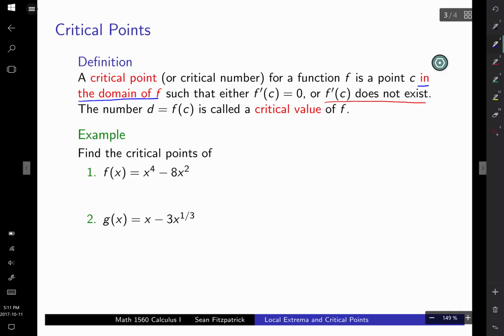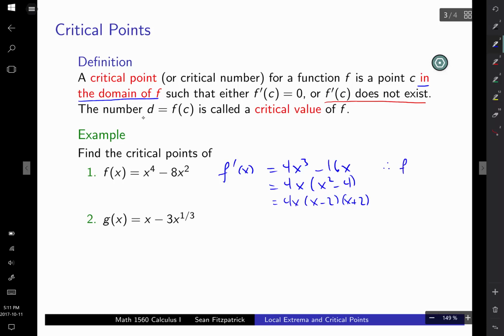Let's say we want to find the critical points for this function f of x. So we're looking for places where the derivative is either 0 or undefined. The first thing we need is the derivative: 4x cubed minus 16x, using the power rule. If we factor, 4x times x squared minus 4, so we get 4x times x minus 2 times x plus 2.